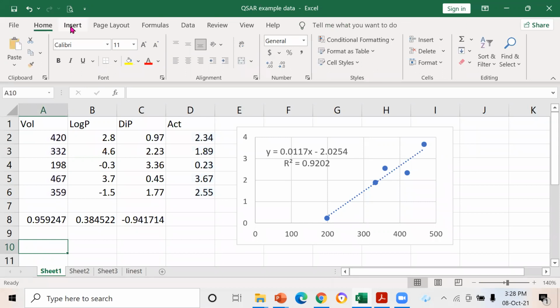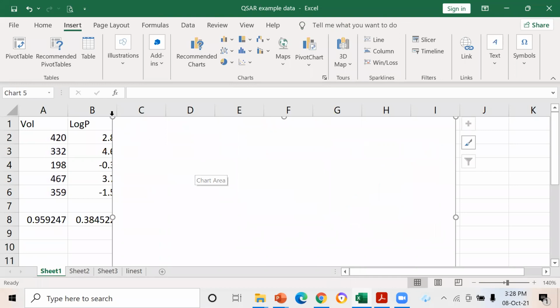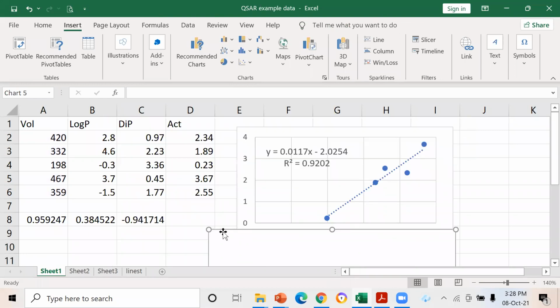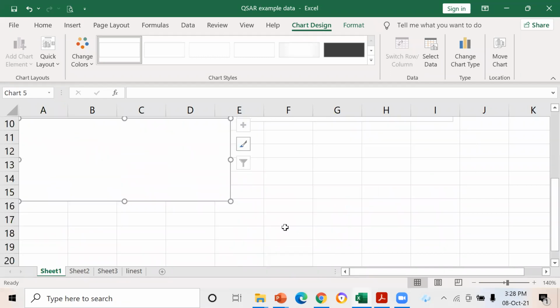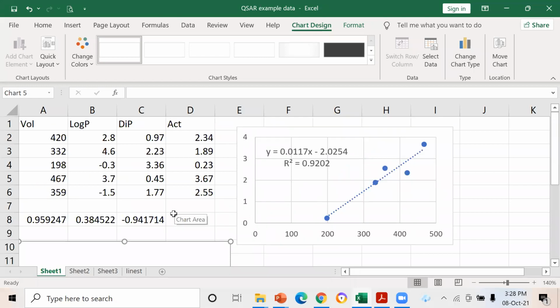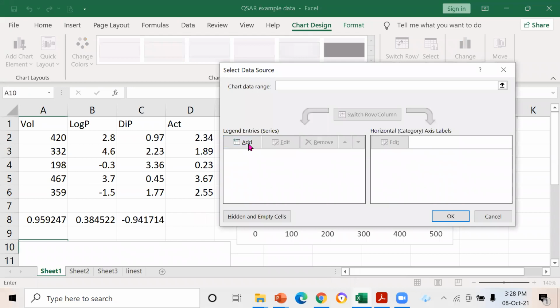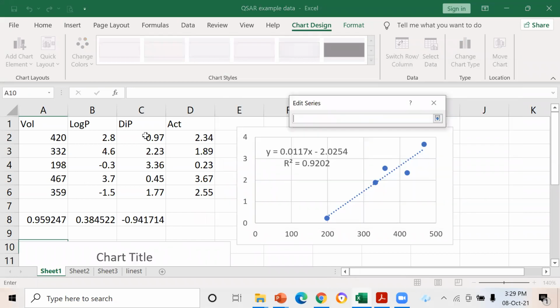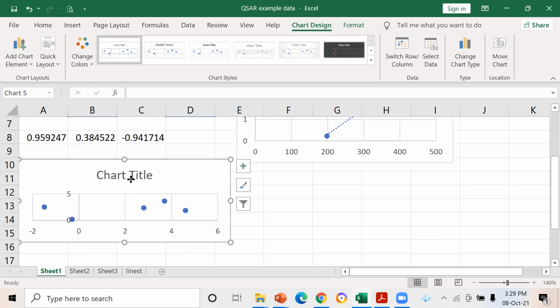I know log P is very bad because the correlation coefficient is bad, but anyway we will try to see how it looks. So log P on the x-axis and activity on the y-axis. I'm trying to plot. You can see it's all very bad.